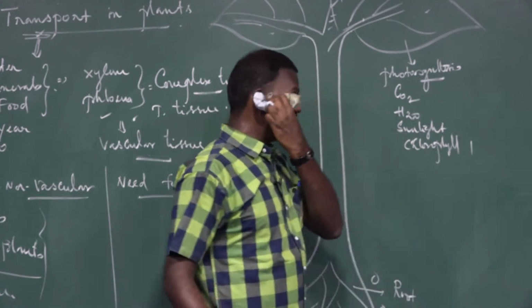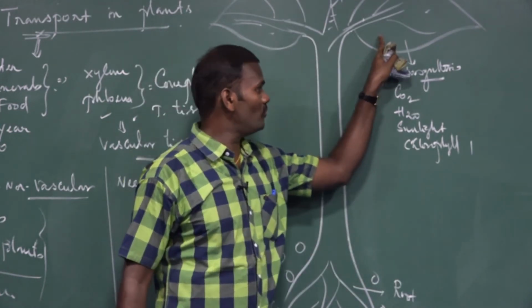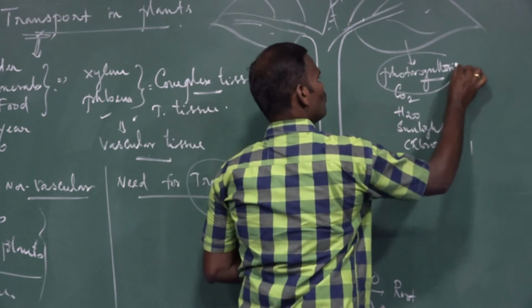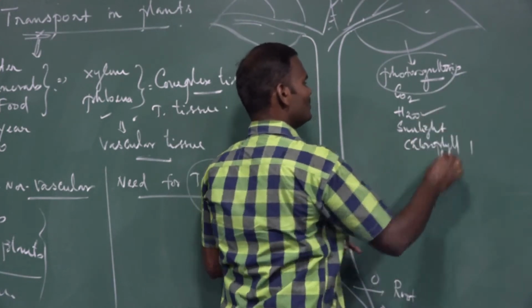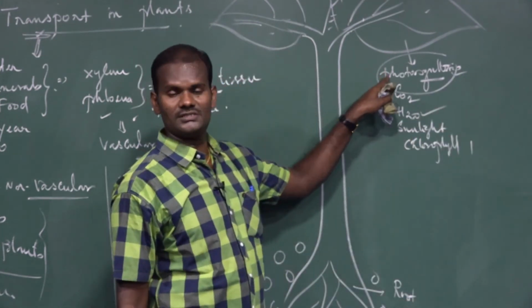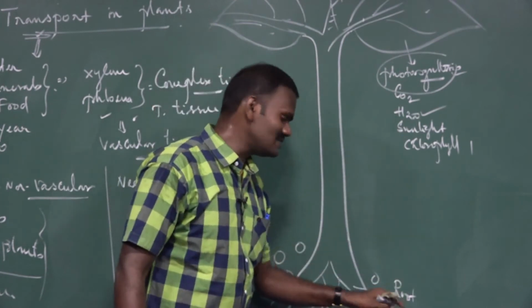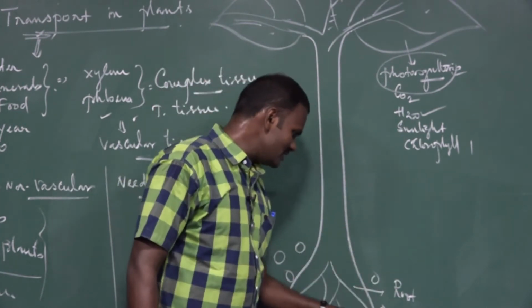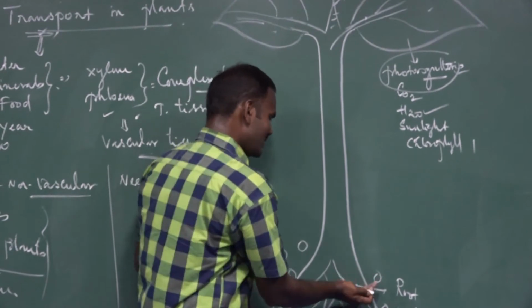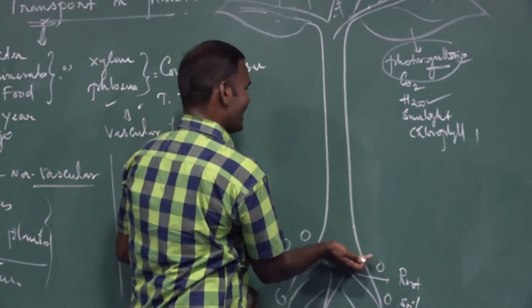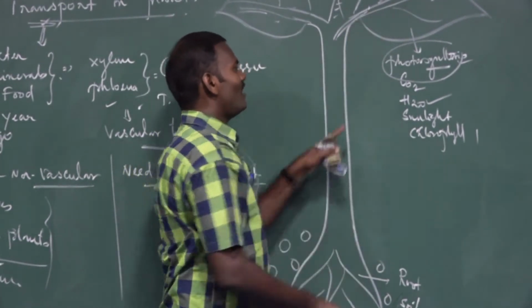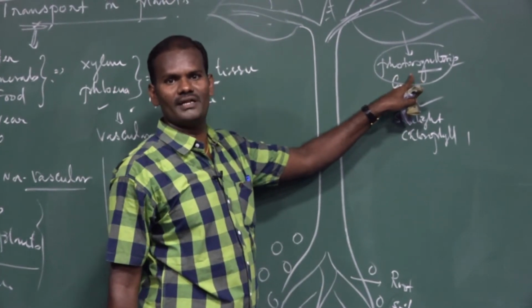Chlorophyll is a green colored pigment present in the leaf. So during photosynthesis, water is one of the raw materials needed. Where is the source of water? Soil is the source of water. This water is absorbed by the root system. It gets translocated, or travels up to the leaf for photosynthesis, the synthesis of food materials.